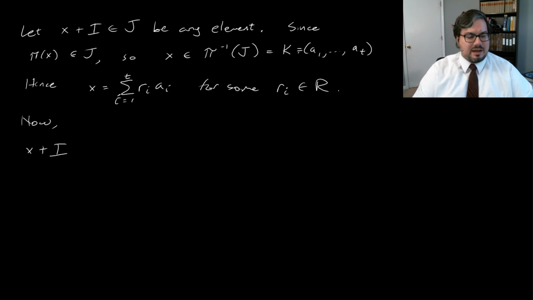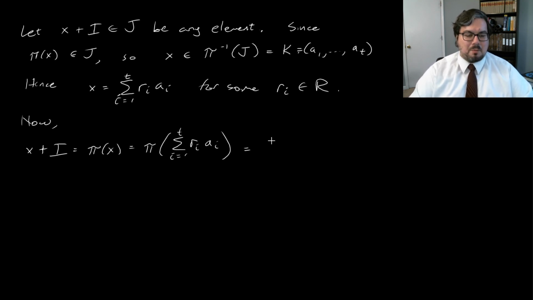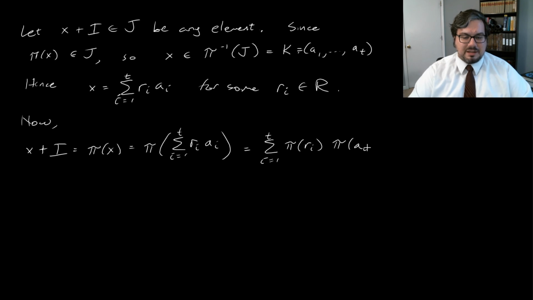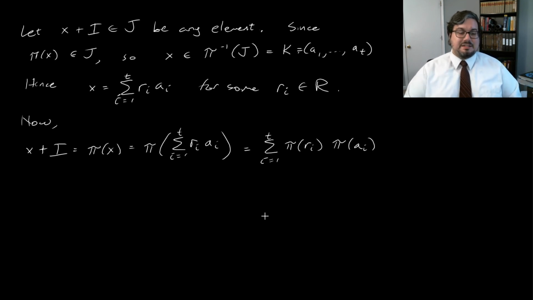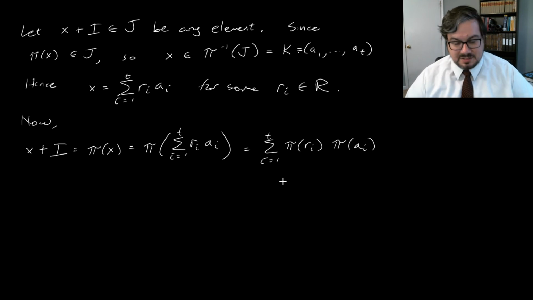So X plus I, our element of J, is by definition pi of X. Now X is equal to the sum from i equals 1 to T of Ri Ai, and pi is a ring homomorphism, which means that pi of a sum is equal to the sum of what we get when we apply pi to each of these things, but pi is also respectful of multiplication. So in a ring homomorphism, we can take the homomorphism applied outside a sum of a product and move it inside and apply it to each one of the factors in each of the sums.